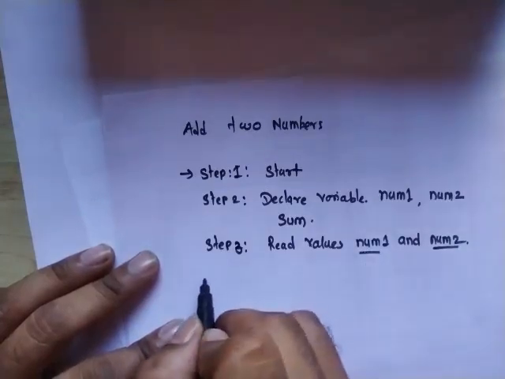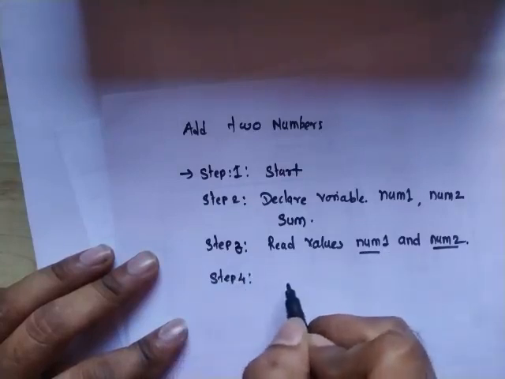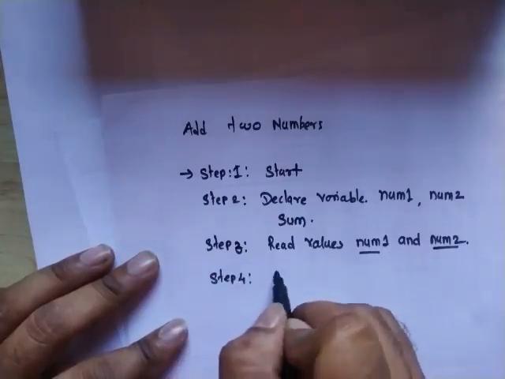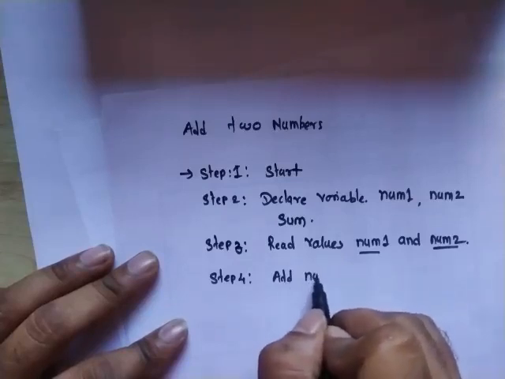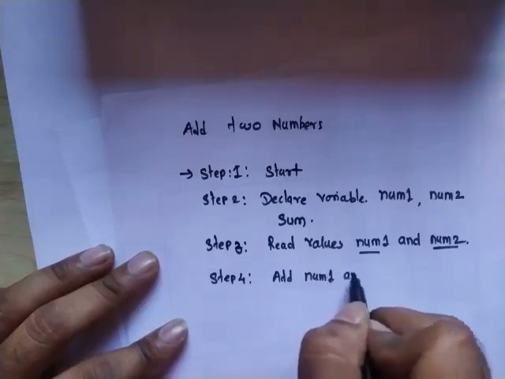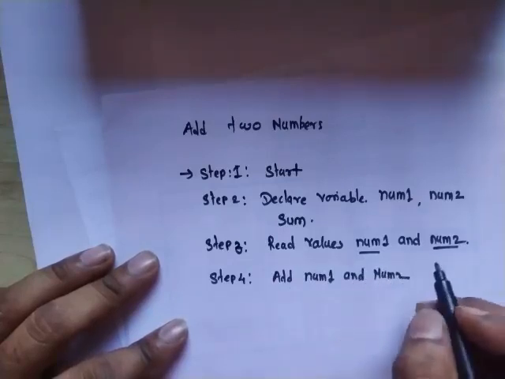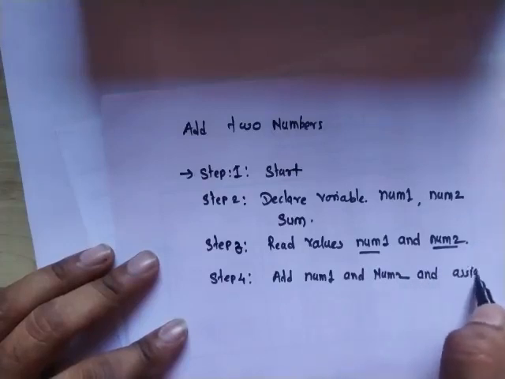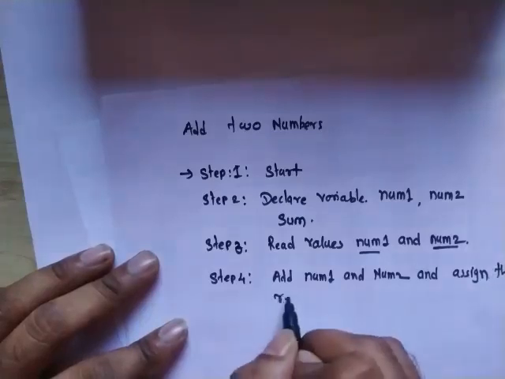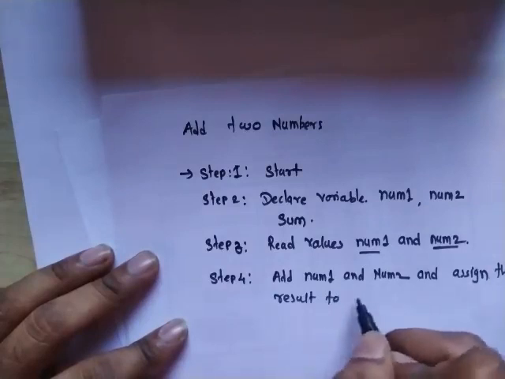Then at step 4, we perform the addition operation on the two numbers, num1 and num2, and assign the result to the variable sum.